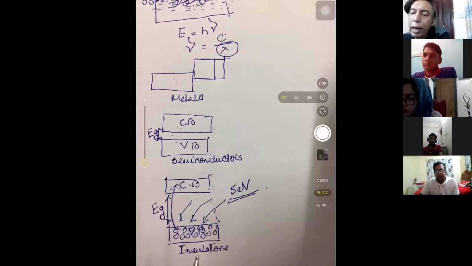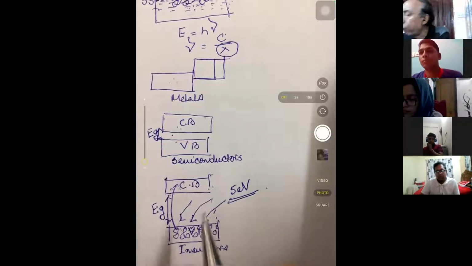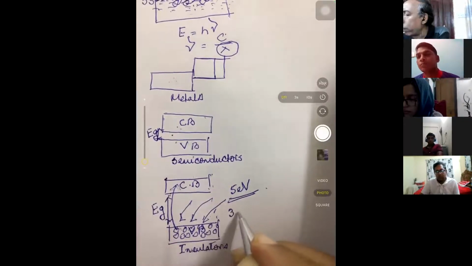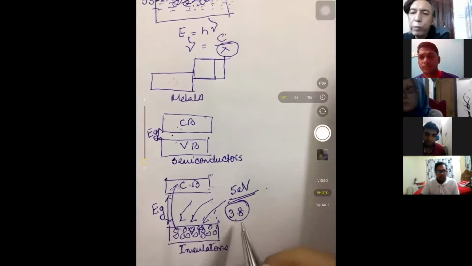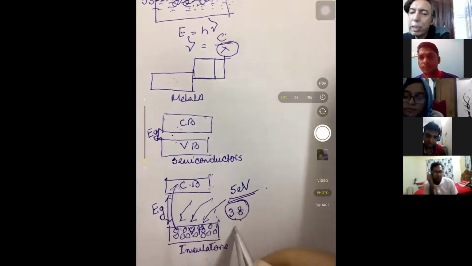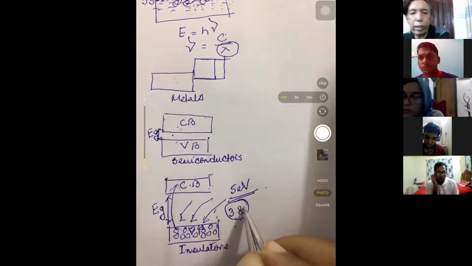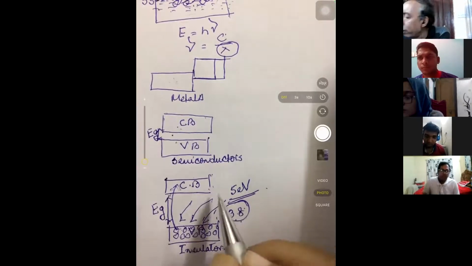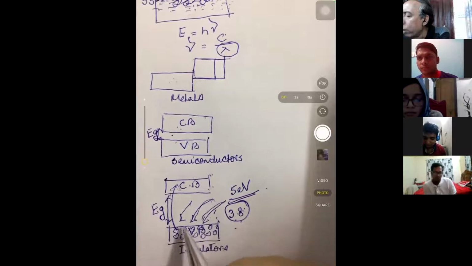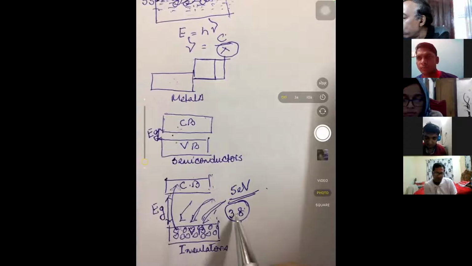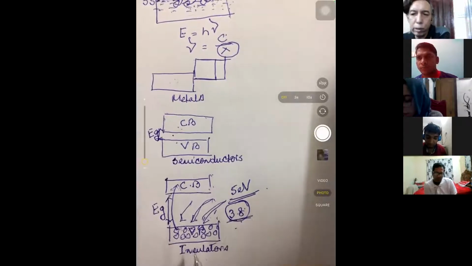And the light of the visible region is of about 3.8 electron volt. So the light of visible region can give an electron a maximum energy of 3.8 electron volt.